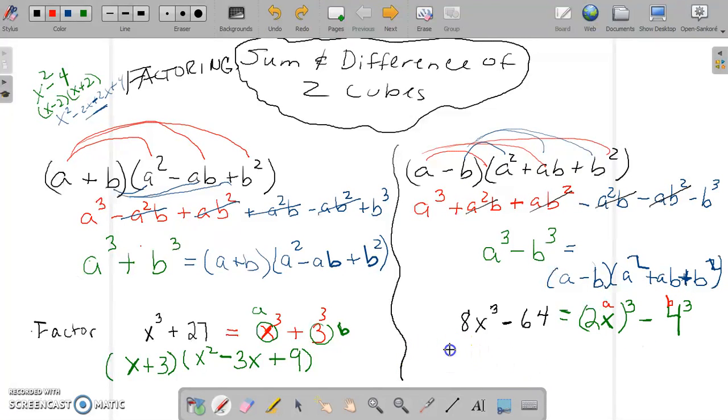When we factor this, we're going to take a minus b, so it's going to be 2x minus 4. Then this is going to be my a squared, so it's going to be 4x squared.